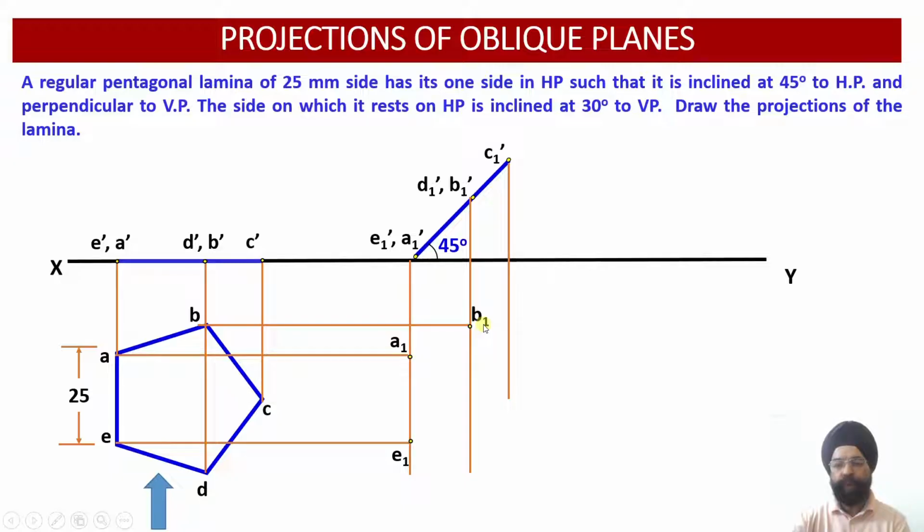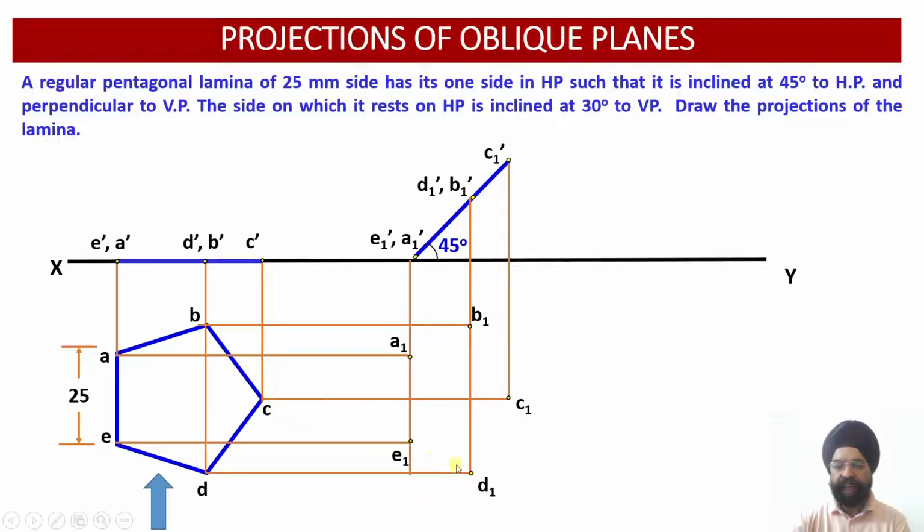We have been able to identify point B1. Similarly, through D, draw the horizontal projector so that it intersects with the vertical projector coming through D1 dash. So we have obtained point D1. And finally, point C1 is also located, which is the intersection of the vertical projector through C1 dash and the horizontal projector through the point C.